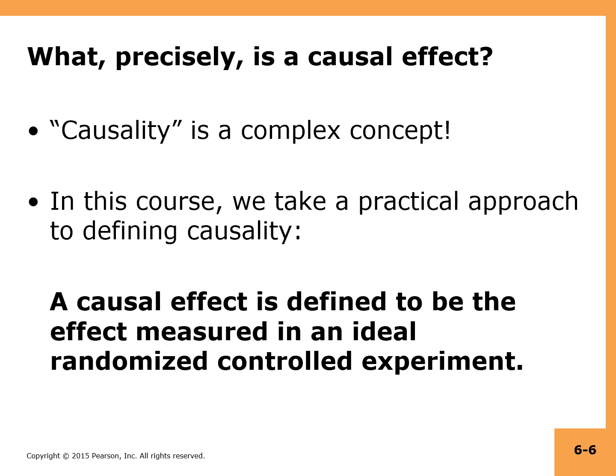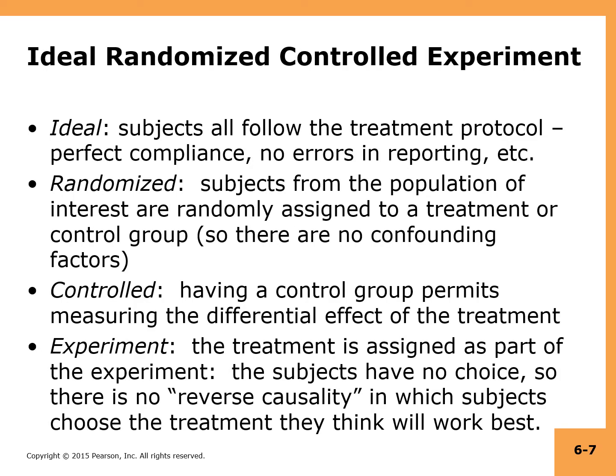So in this course, we're going to take causality to mean an effect measured in an ideal randomized controlled experiment. What is an ideal randomized controlled experiment? Ideal meaning that subjects all follow the treatment protocol. So everyone follows a rule. There's perfect compliance. There's no error in reporting.